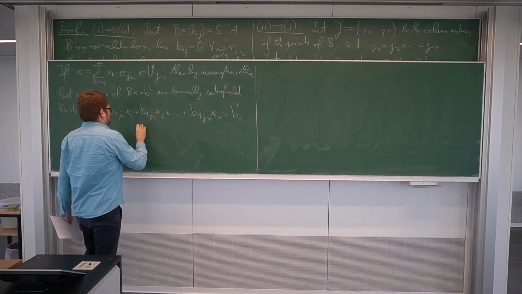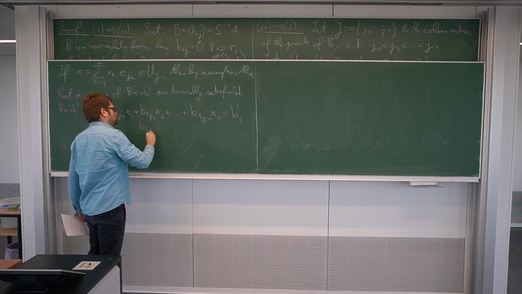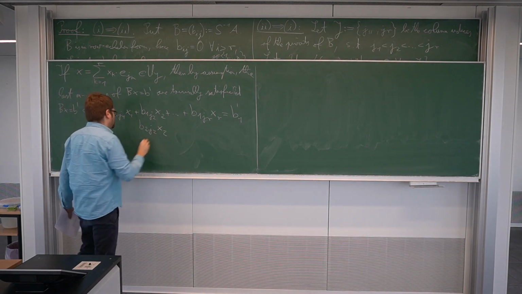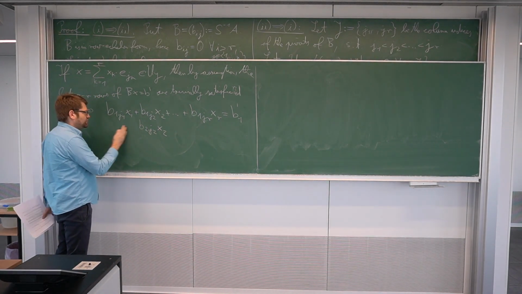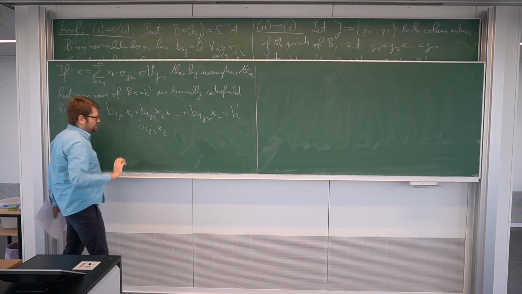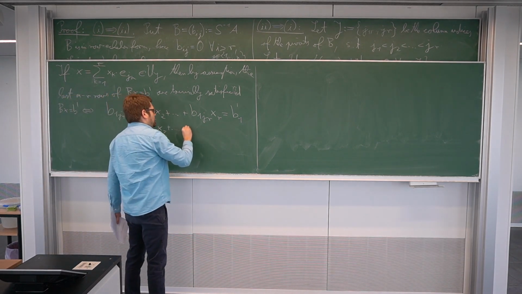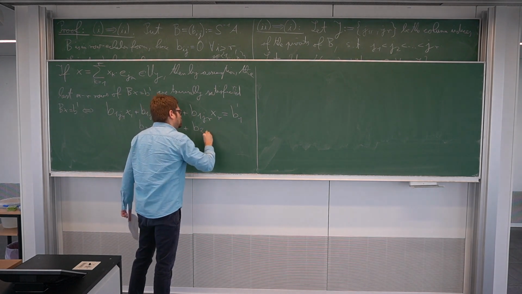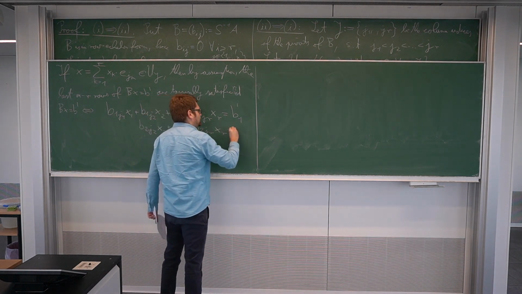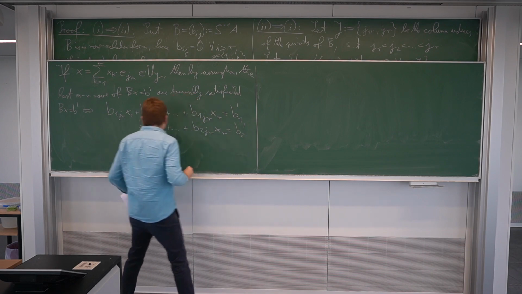So in the next row we would have b2 j2 x2, and here we now really need the row echelon form. This is the pivot element here, so everything on the left hand side in the multiplication is vanishing. This is where we really have the row echelon form. So plus b2 jr xr is b2 prime, and so on.